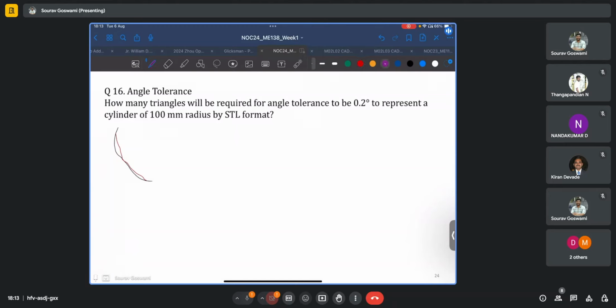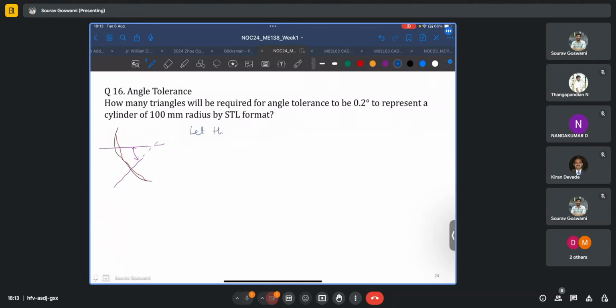Then they would have these normals, and the angle that is made or that is contained within these two normals is called the angle tolerance. So, in this case, again, the formula was shared in the slides. We'll get directly to it.